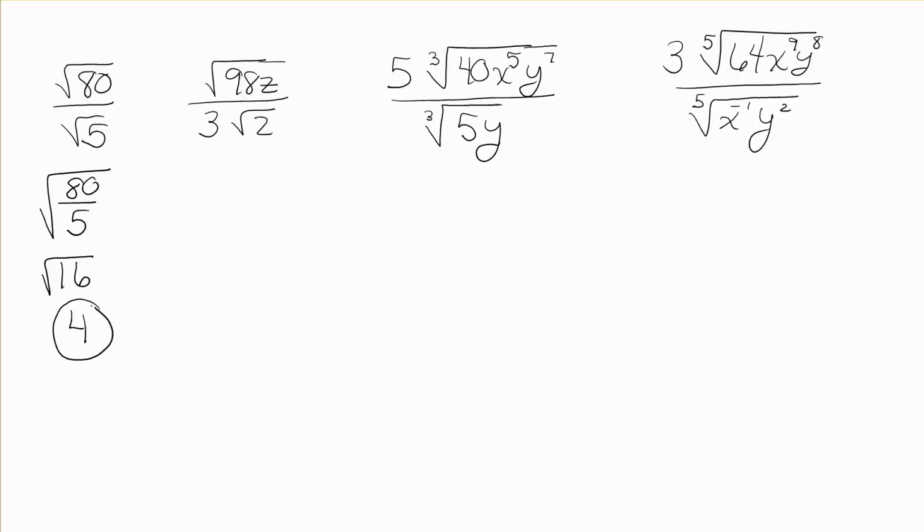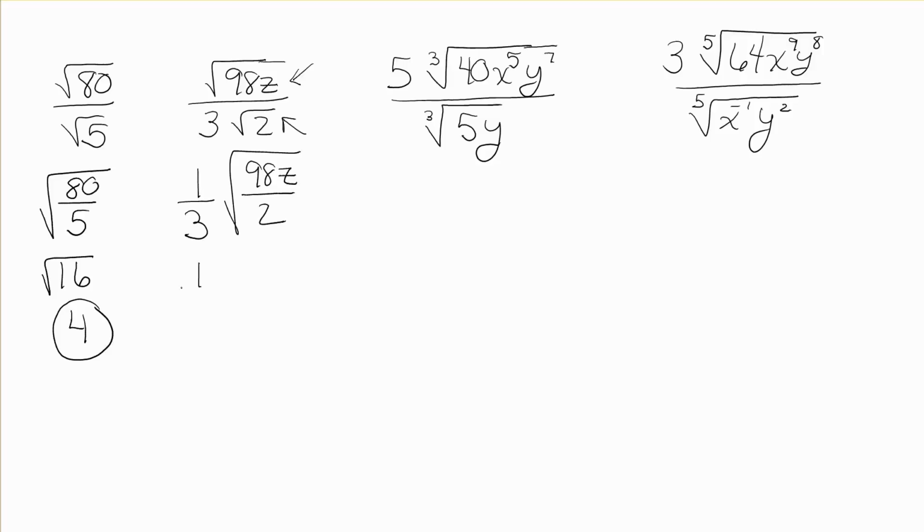Okay, so here I have the square root of 98z over 3 times the square root of 2. So that 3 on the bottom can be written as 1/3. I'm going to combine this square root and this square root under one square root. See if I can get this simplified.